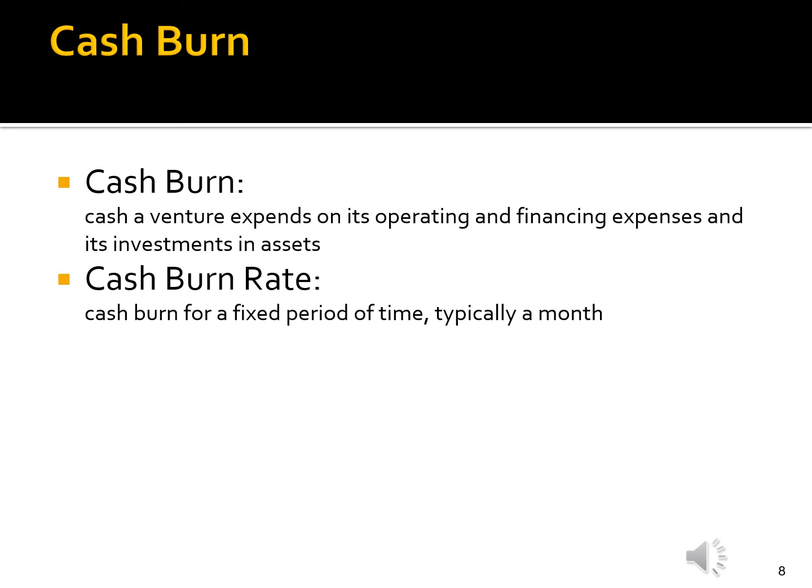Okay, let's discuss one of the items to measure the financial performance of the venture. The first one is cash burn. What is cash burn? Cash burn is the cash a venture expends on its operating and financing expenses and its investment in assets. So it is cash that they have utilized to operate their business, including financing and investment.